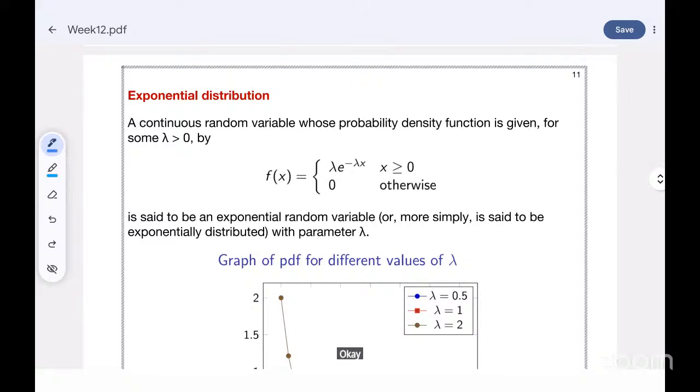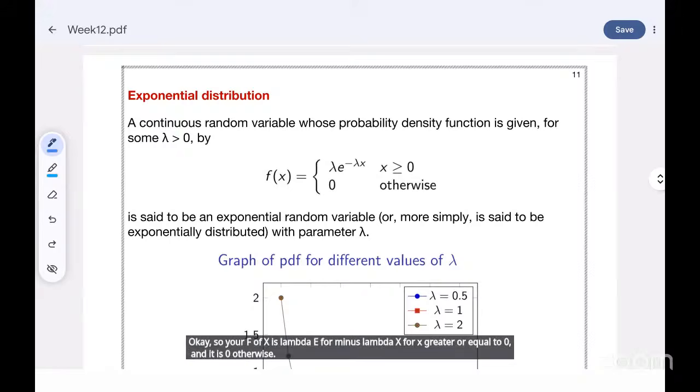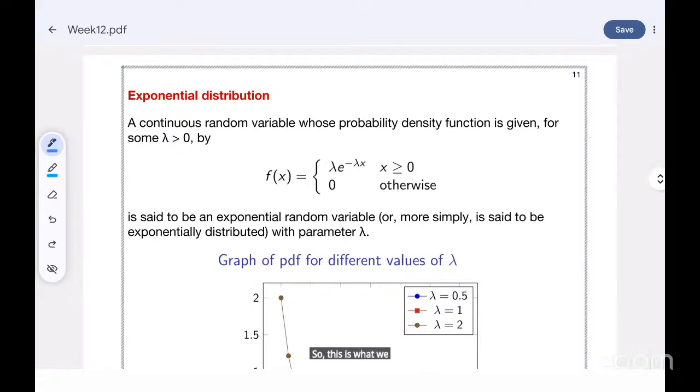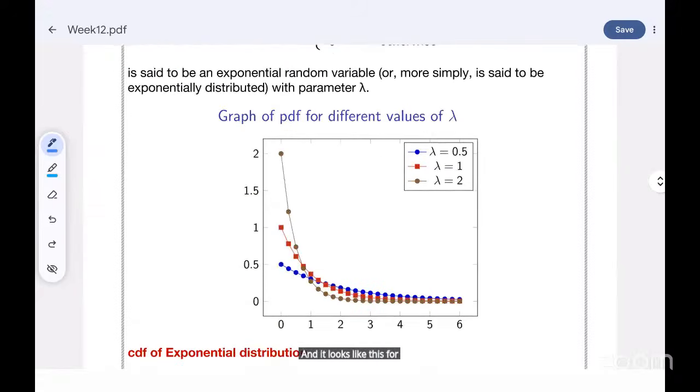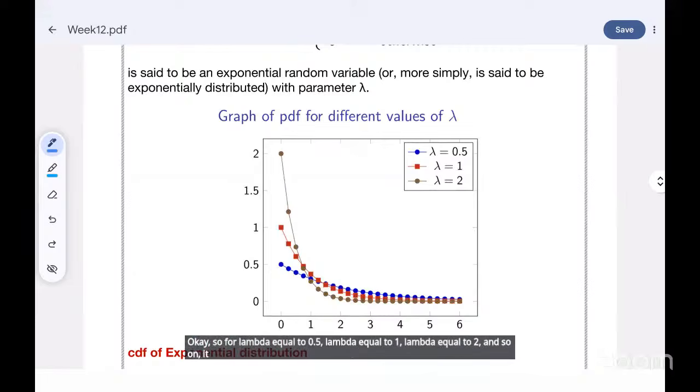So lambda is a positive parameter. Your f of x is lambda e power minus lambda x for x greater than or equal to 0, and it is 0 otherwise. So this is what we call an exponential distribution, and it looks like this for different values of lambda: lambda equal to 0.5, lambda equal to 1, lambda equal to 2, and so on.